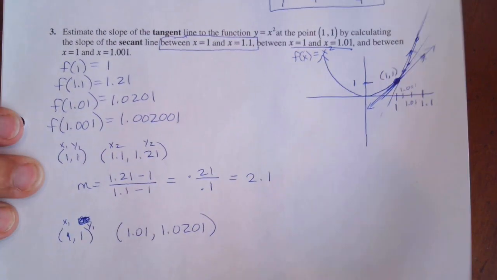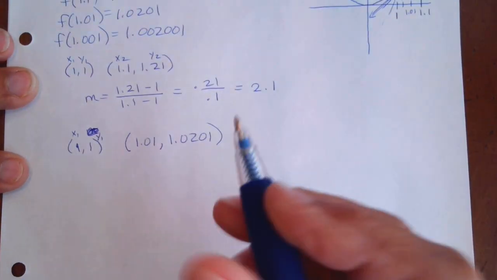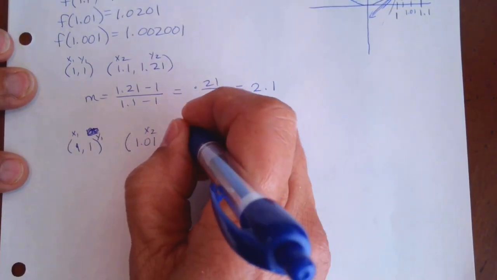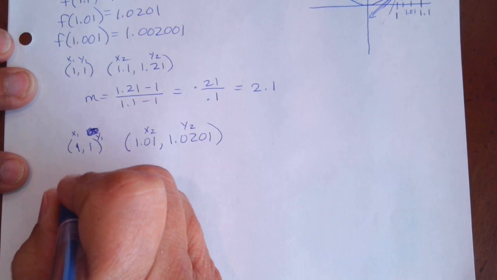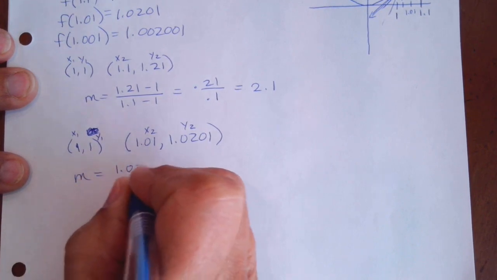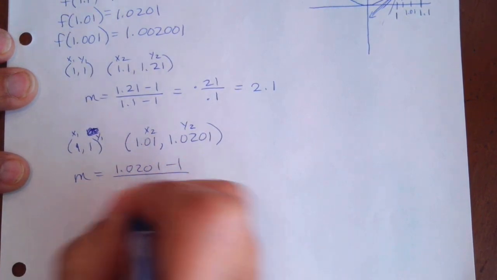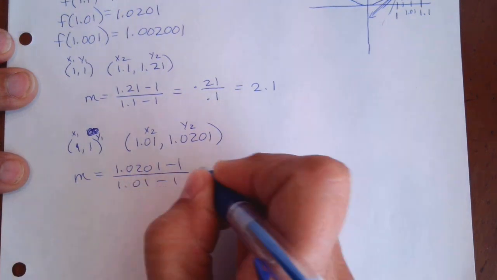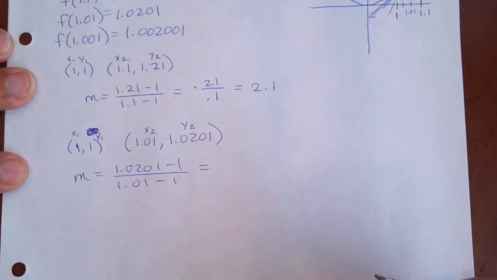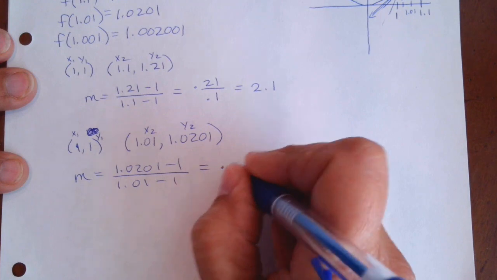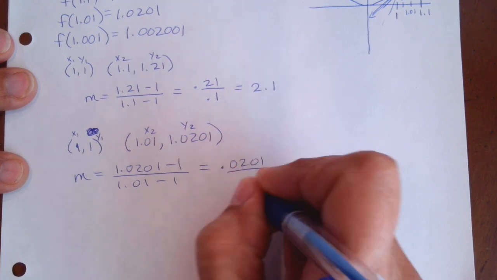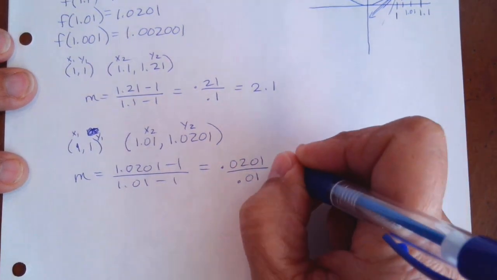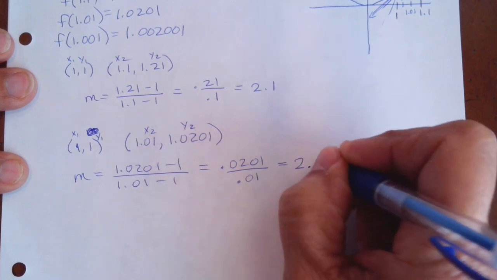That's your x2, y2. So 1.0201 minus 1 over 1.01 minus 1. We're just going to do the slope for that. That gives us 0.0201 over 0.01, and that gives us 2.01.